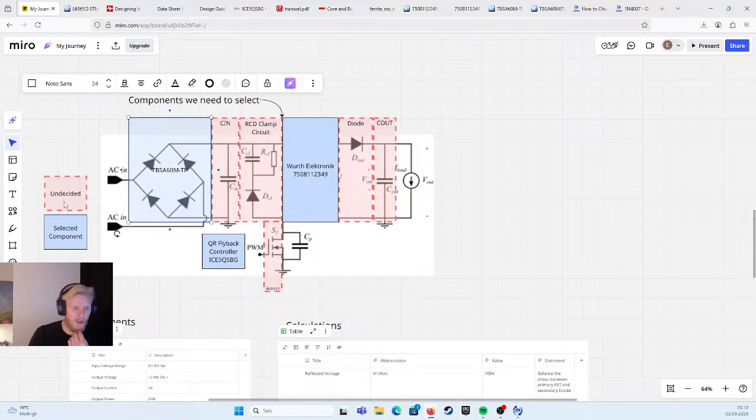So if it's at a maximum of 265 plus the reflected voltage of, let's say, 500, when it's positive, it will conduct here then, and blocked here.